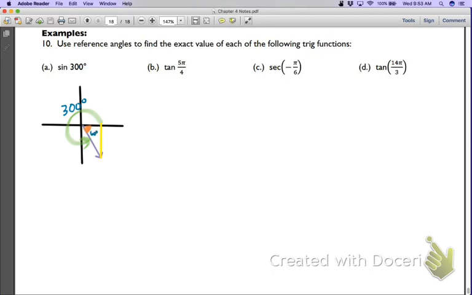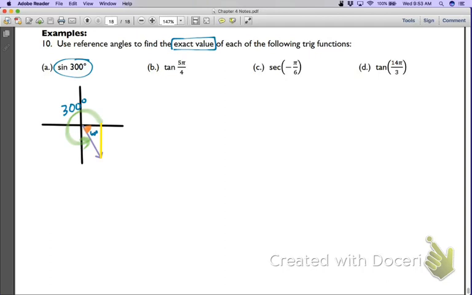So I want to know what sine of 300 is. Now, it says to give me the exact value. So when it says exact, that means it's going to give me things like pi over 6, pi over 4, okay? 45, 30, 60, stuff like that. It's not going to give me some random number like the square root of 34 like it did yesterday. Okay? It's going to give me nice, neat numbers.